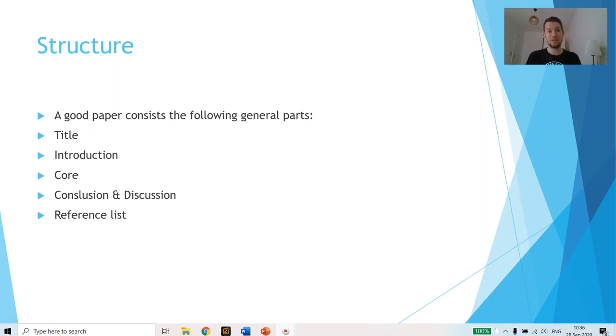So basically, what does the structure consist of? The title, of course. If you're going to use a research question, don't write the research question on the front of the paper. Rather, write something else. For example, if your research question is, what is the effect of collaborative learning on cognitive development?